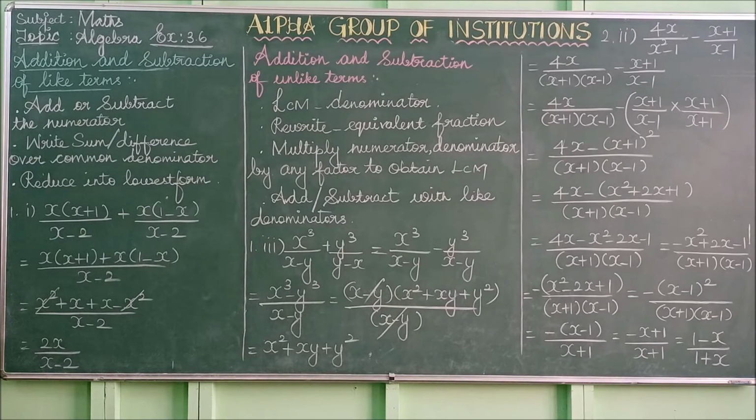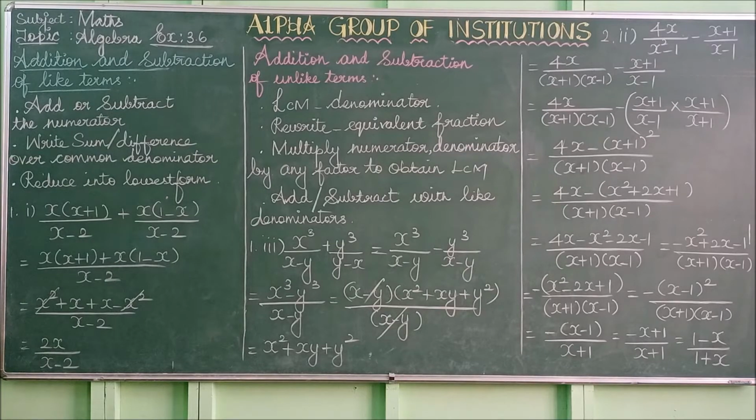Afterwards, we have learned the multiplication of rational expressions. So, what do you mean by multiplication of rational expressions? If P of x by Q of x and R of x by S of x are two rational expressions where Q of x and S of x are not equal to 0, then the product will be P of x by Q of x into R of x by S of x, which is equal to the product of the numerators divided by the product of the denominators. So the product of the numerators means P of x into R of x divided by Q of x into S of x.